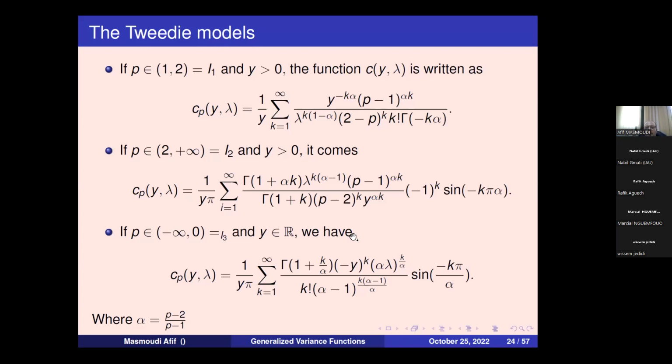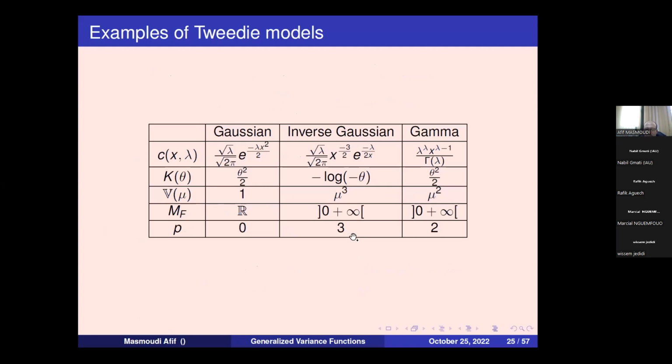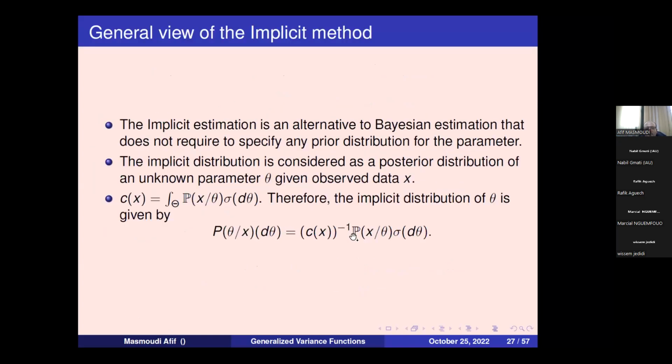Can you please go forward to slide 27? Could you explain, where the cursor is, there is a symbol P with a double bar. What do you mean by the symbol?